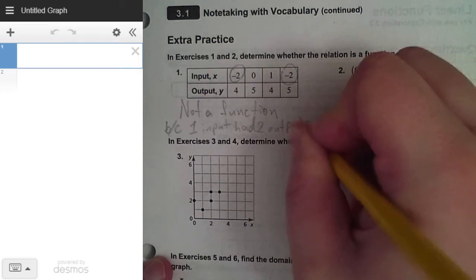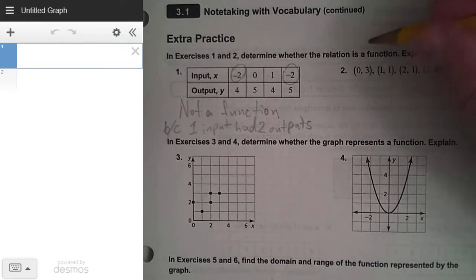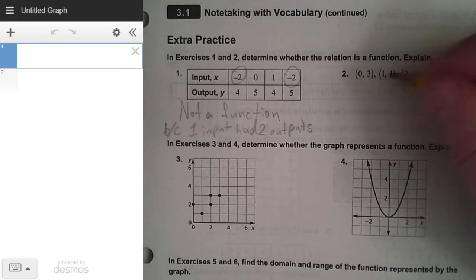We know that if we put in the same input, we should always get the same output with a function. If we end up getting 2 different ones, we know it's not a function. So let's look here. Remember, we have a relation, and we're looking at our coordinate pairs.